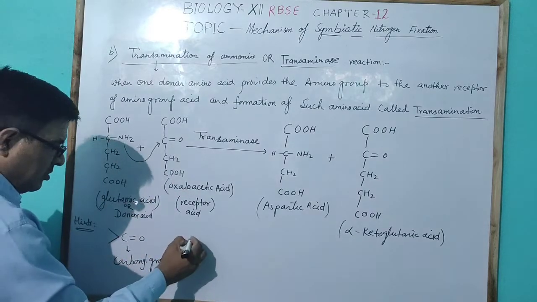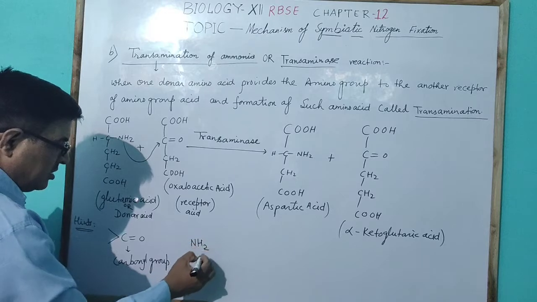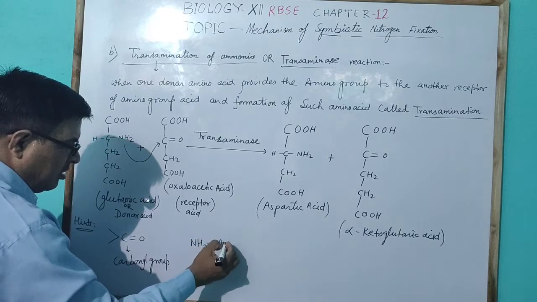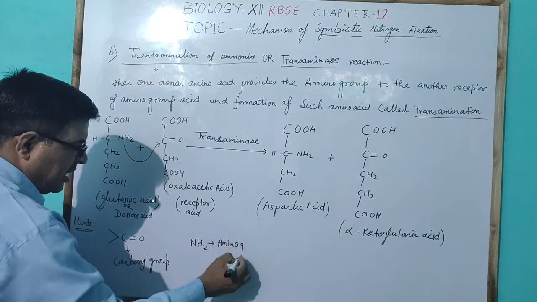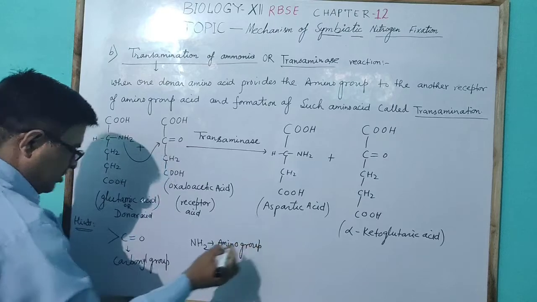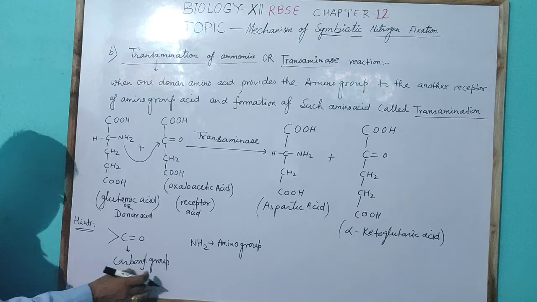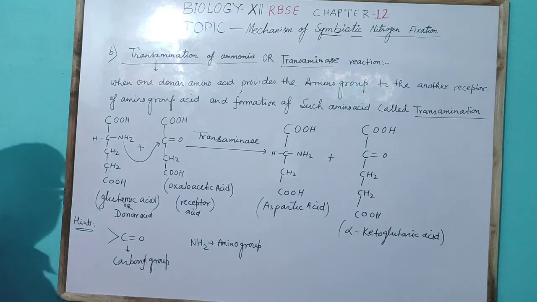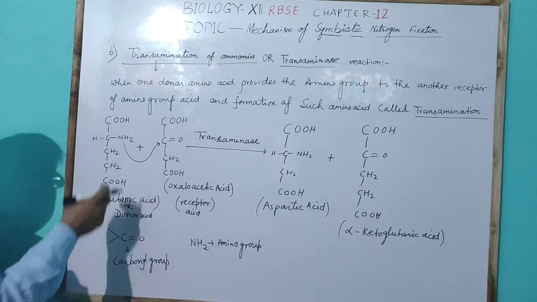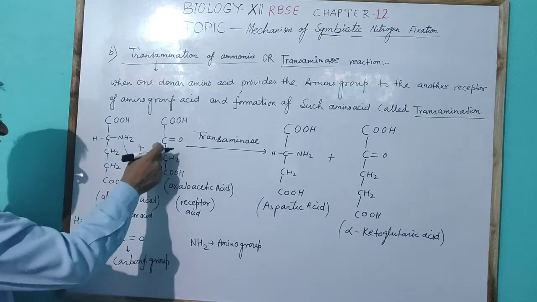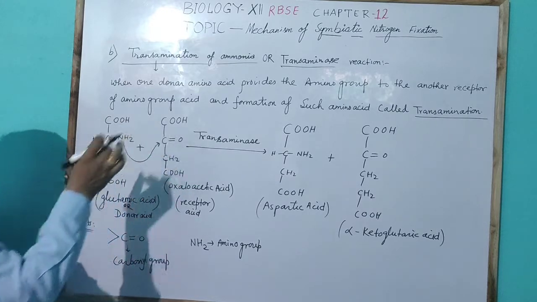This NH2 is the amino group, and C double bond O is called the carbonyl group.